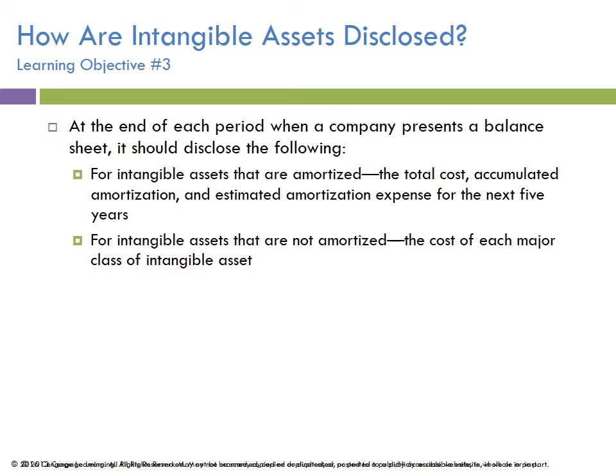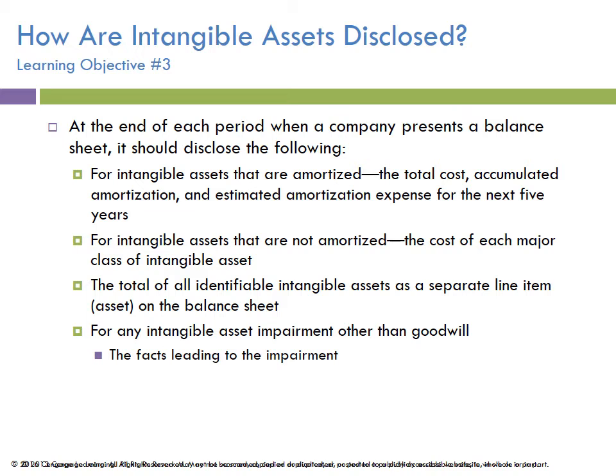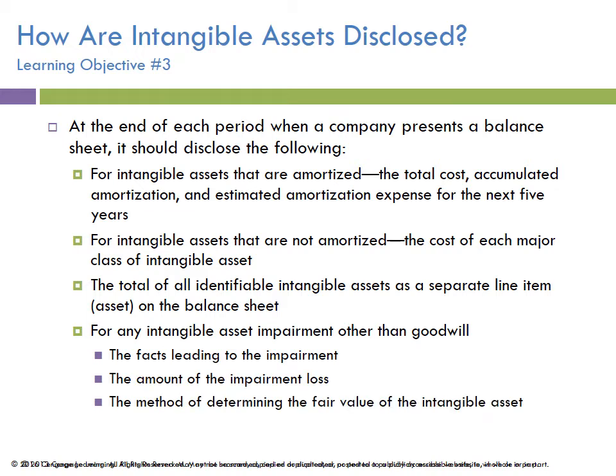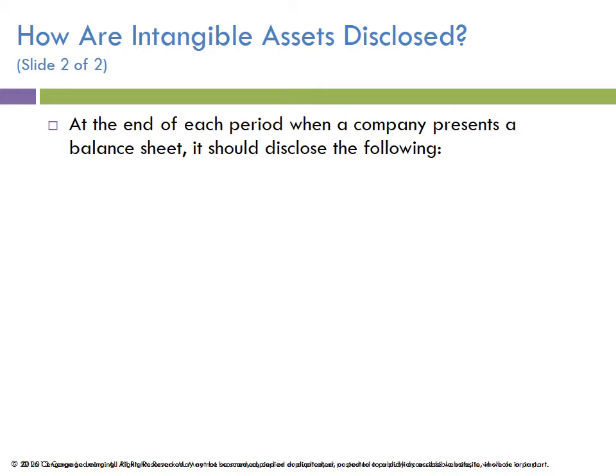For intangible assets that are non-amortized, the cost of each major class of intangible asset, the total of all identifiable intangible assets as a separate line item on the balance sheet, and for any intangible asset impairment other than goodwill, facts leading to the impairment, the amount of the impairment loss, the method of determining the fair value of the intangible asset, as well as any impairment losses should be included in income from continuing operations.